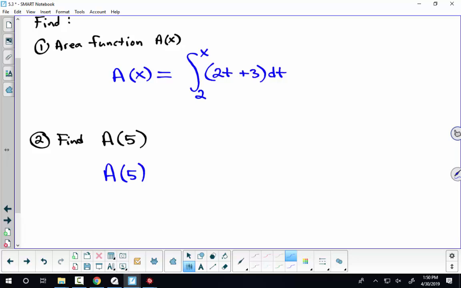So we're going to write out, in terms of the integral, what A of 5 is. A of 5 is the integral from 2 to 5 of 2t plus 3. Is everybody okay with that? So how do we find that?